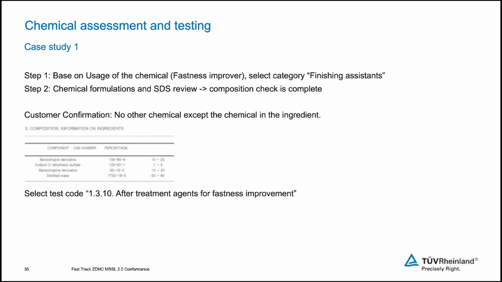We found that all components are in the ingredient list and the total percentage is 100%. Checking with the customer, they confirmed that there is no other chemical except the chemicals in the ingredient list. Based on the assessment and information from the customer, we select the test cost 1.3.10, after treatment agent for fastness improvement.